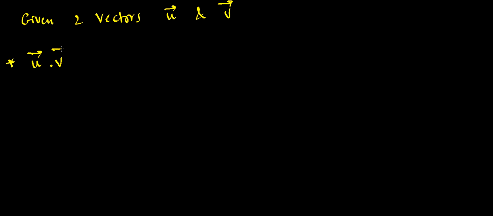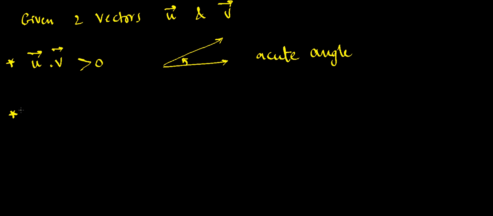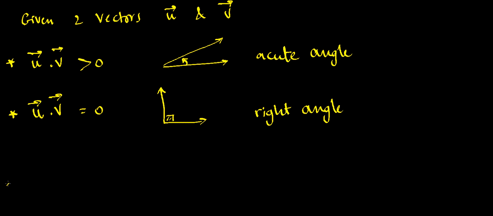If u dot v is bigger than 0, then the angle between the two vectors is an acute angle. If u dot v is equal to 0, then the angle is 90 degrees, so we say we have a right angle. If u dot v is less than 0, then we say we have an obtuse angle.